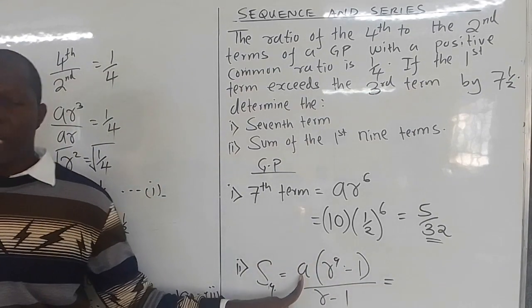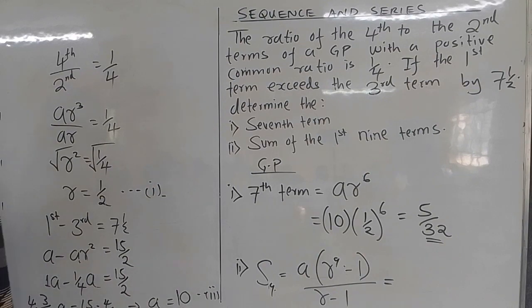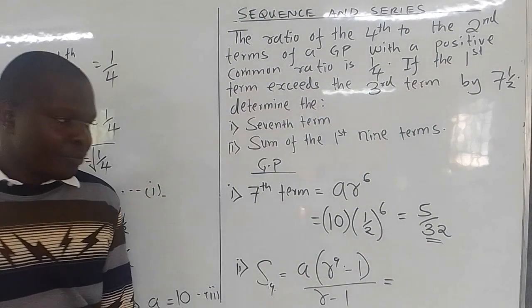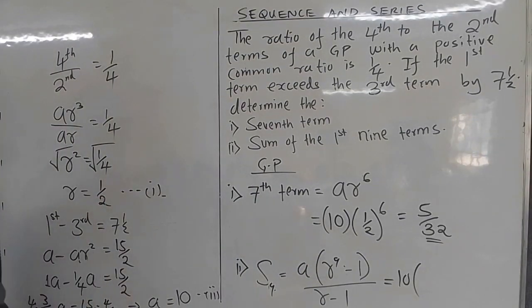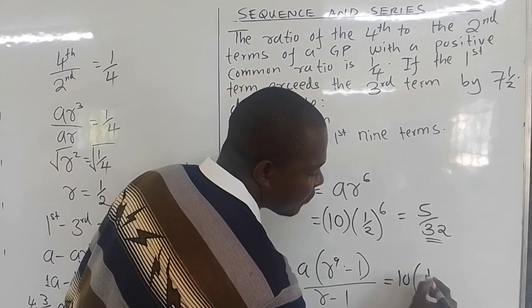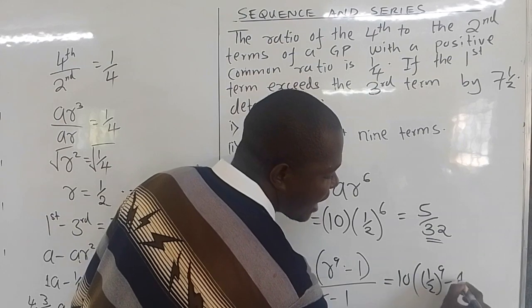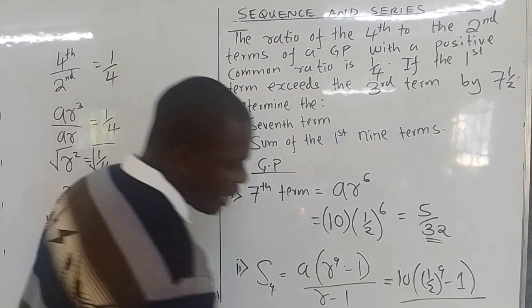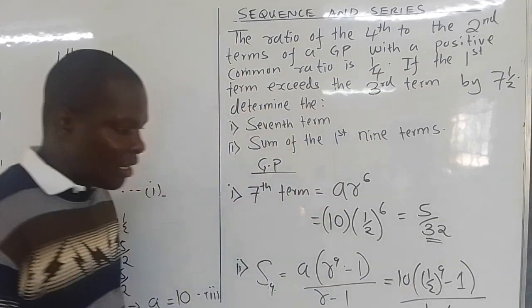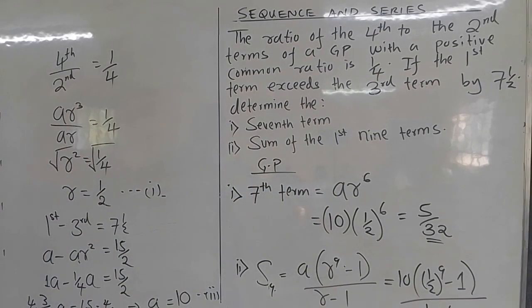So substitute a, the first term you found to be 10. Then r, you found to be a half. Then it is raised to power 9 minus 1, isn't it? Then it is over r, a half, minus 1. What do you get?